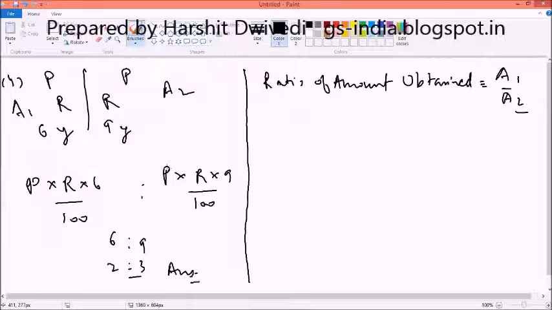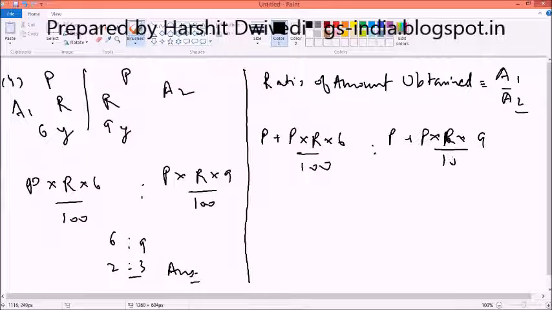Now what will be the amount? The amount here will be P plus P into R into 6 by 100, and in the second case P plus P into R into 9 by 100. So how much will it become? Just think about it.